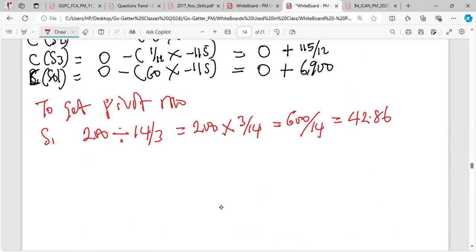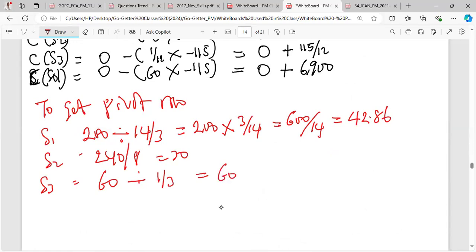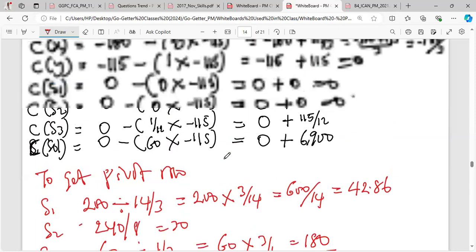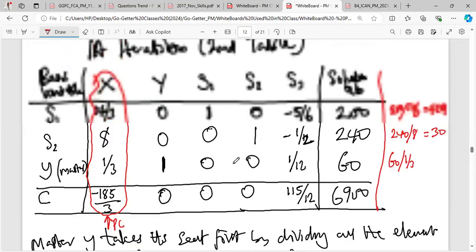Okay, so I would say this is S2. 240 over 8 gives me 30. S3, 60 divided by 1 over 3 is the same thing as saying 60 times 3 over 1. 3 times 6, 18. That's 180. Okay, so I have 180 here.